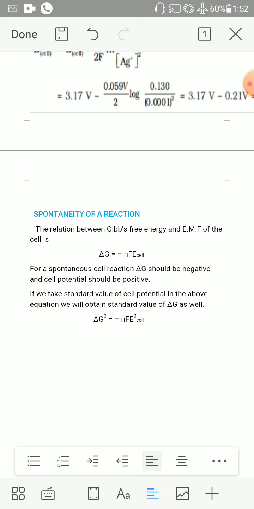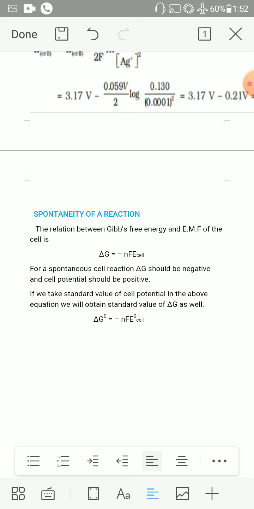For a spontaneous chemical reaction, you have to remember that the delta G value, that is the Gibbs free energy value, should be negative, and the cell potential should be positive. That's why the cell potential should be positive for a spontaneous chemical reaction.